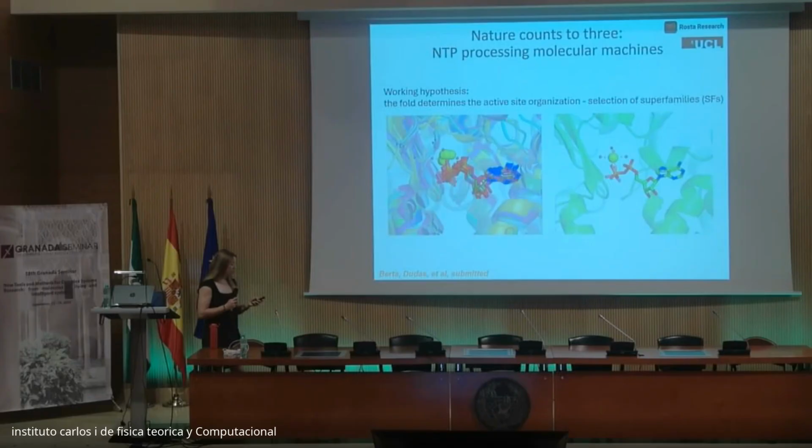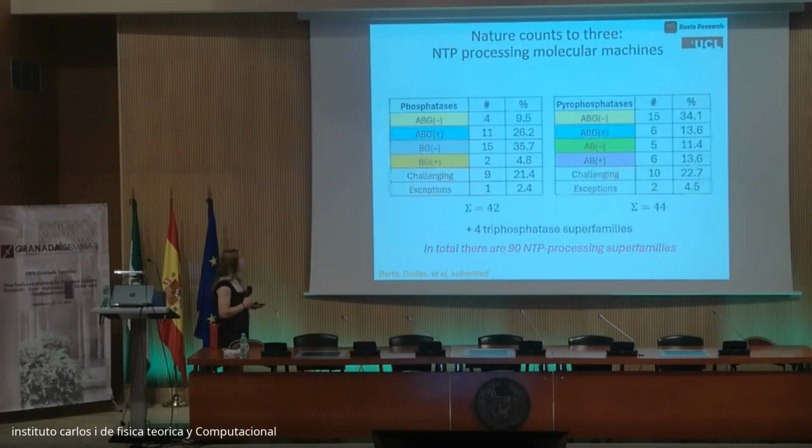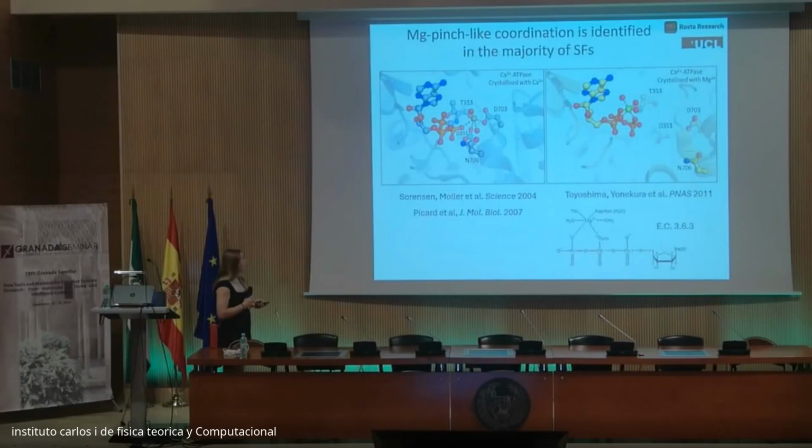So what we wanted to do was identify all of these superfamilies, and that's what we did. We characterized them in terms of their chemical reaction between the last two phosphates or between the first two phosphates, and then some extra superfamilies.